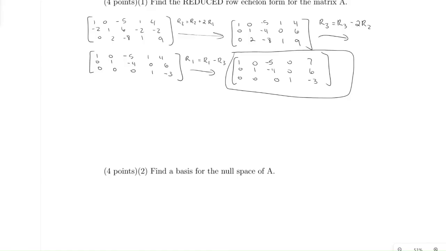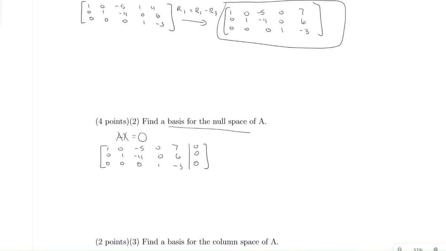Now we're asked to find a basis for the null space of A. The basis for the null space of A is essentially the vectors that span the solution set for Ax equals 0. So looking at A in the row reduced form, 1, 0, -5, 0, 7. Let's rewrite it here, and this would be equal to 0.